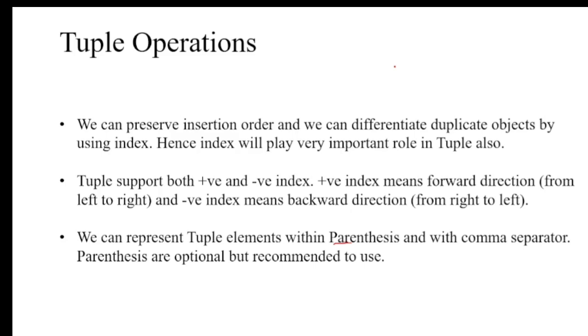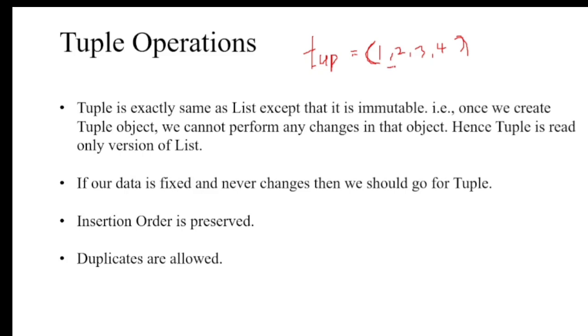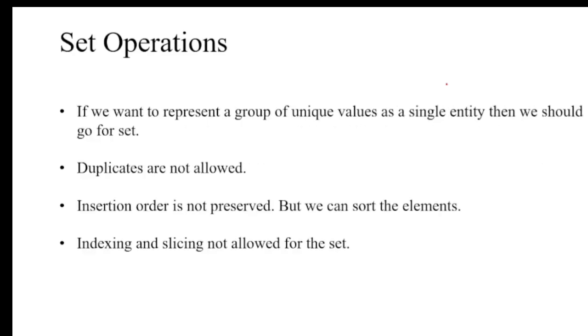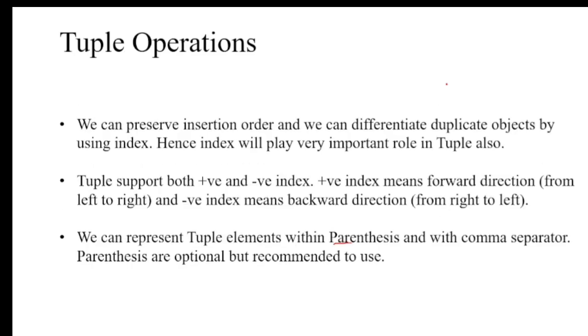You can declare the tuple objects using the parentheses, or you can simply declare the tuples without the parentheses. So I could say I have 1, 2, 3, and 4. This is the same thing, but it is recommended to have the parentheses in place. So that is how we can create the tuple objects.